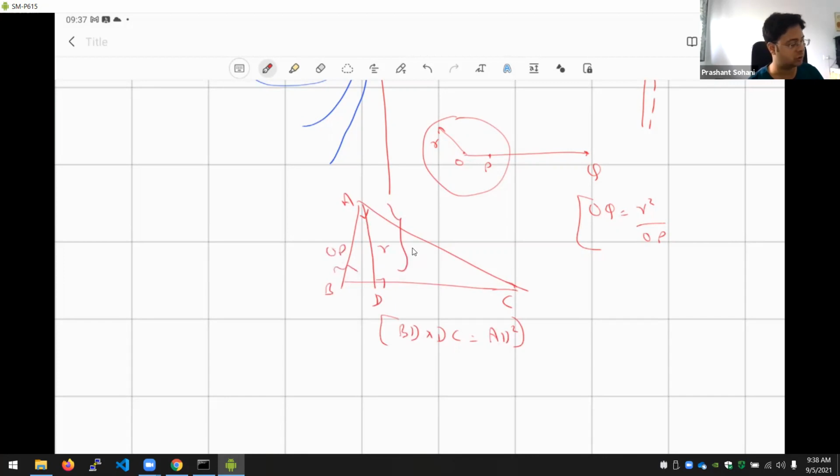I'll first draw this right angle triangle ABD with lengths R and OP. Then I'll draw the altitude at 90 degrees over here to complete this diagram. Whatever distance I get over here has to be OQ. There could be many other variations of this idea also.